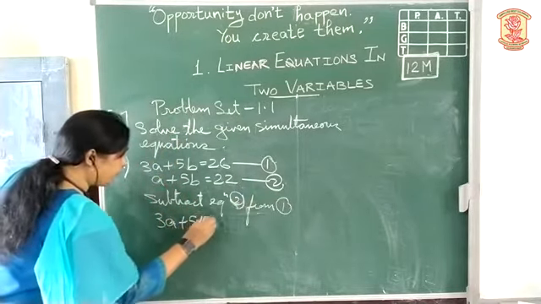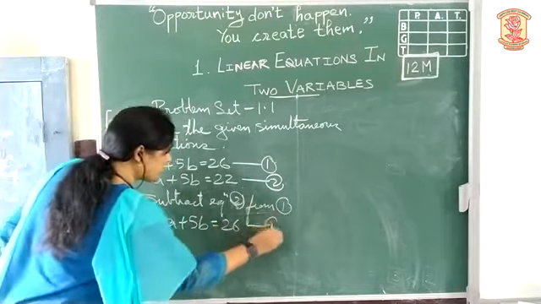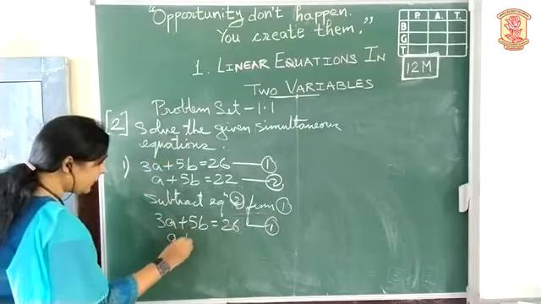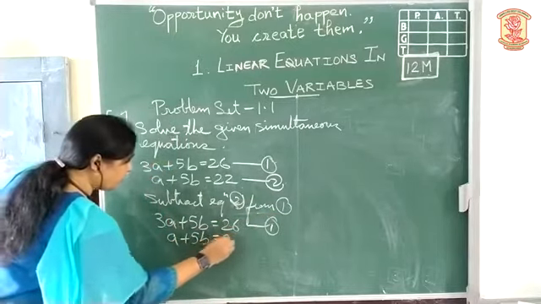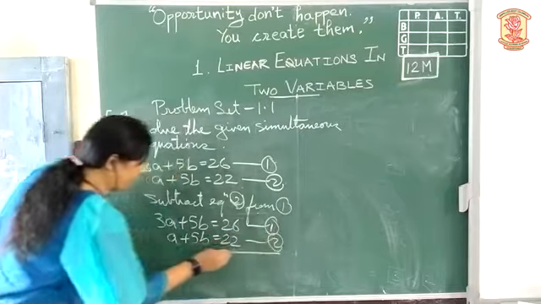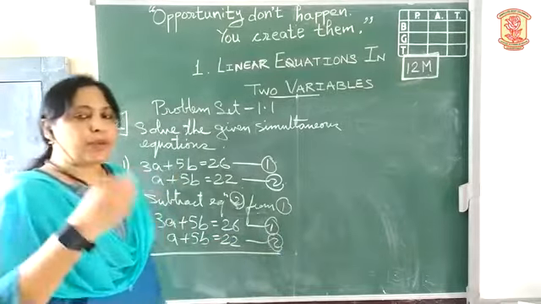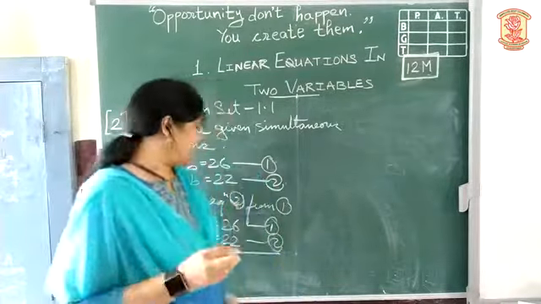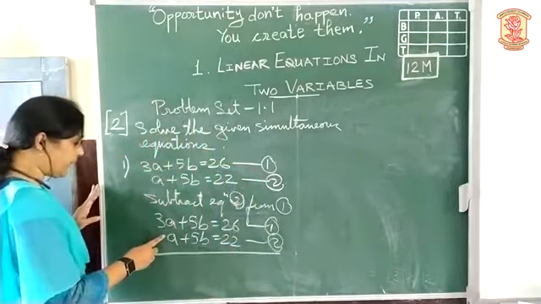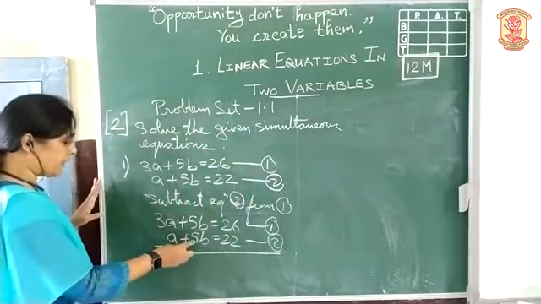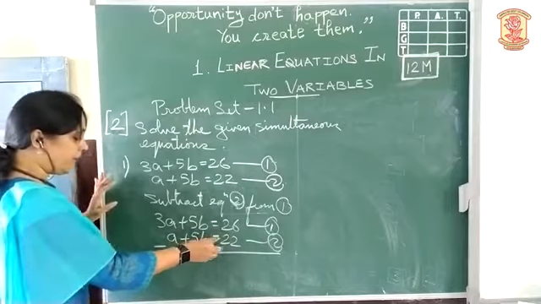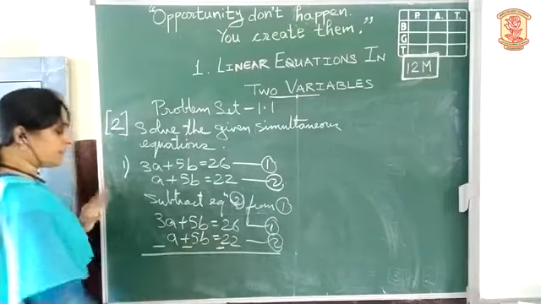3a plus 5b equals 26. That's the first. And a plus 5b equals 22 is the second. Now as we are subtracting, we change the sign of the second equation. That is, plus a becomes minus a, plus 5b becomes minus 5b, and plus 22 becomes minus 22.